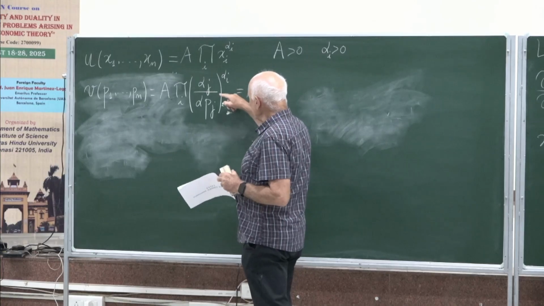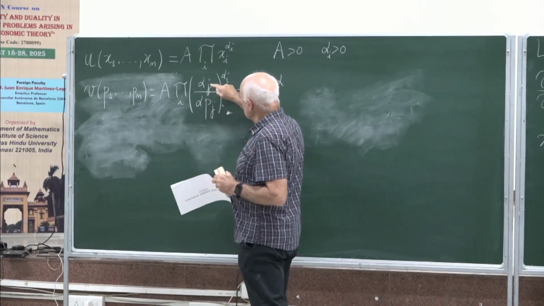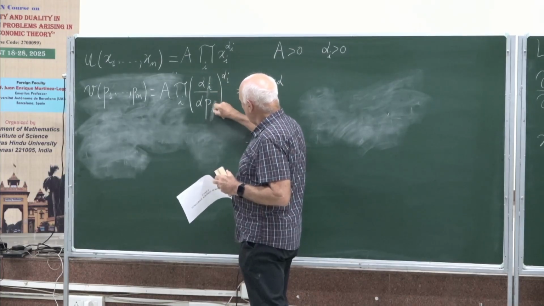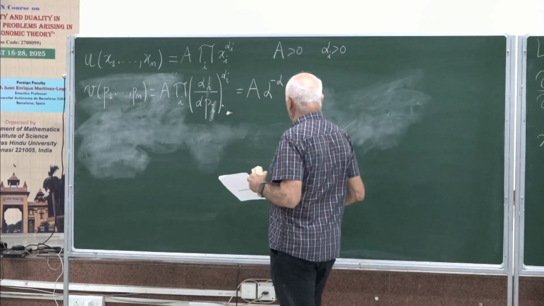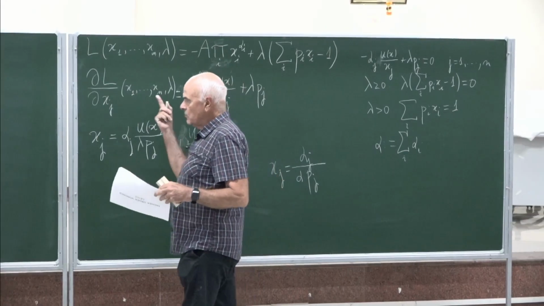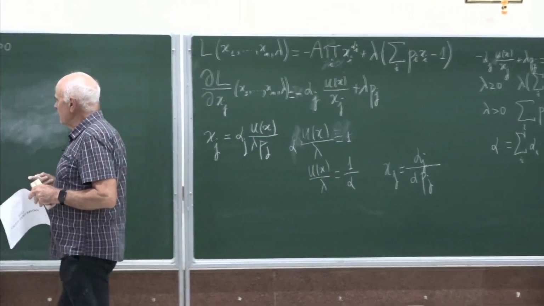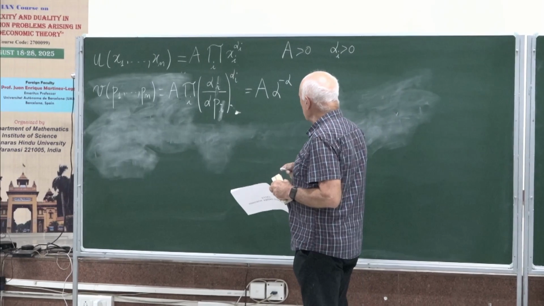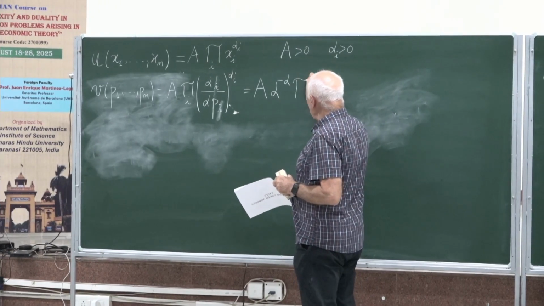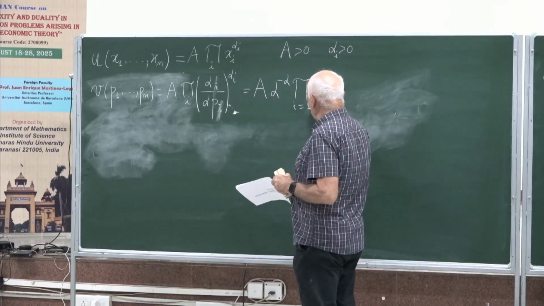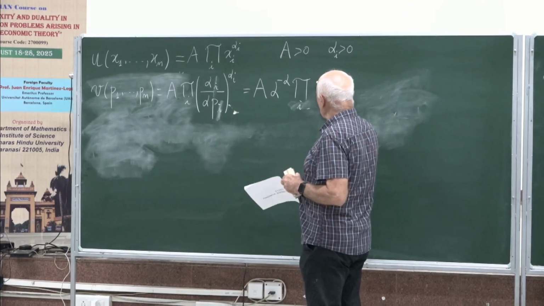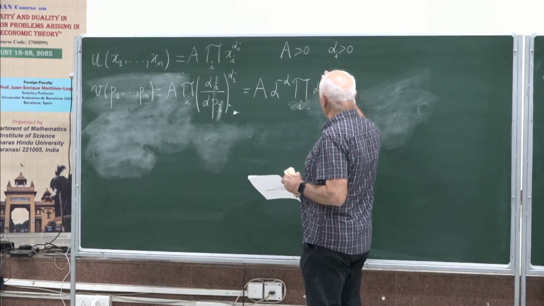Then I also have, well, the subindex is wrong, because here I have xi and I use the expression for xj, but I forgot to change the subindex. Now it is correct. And so I also get the product over i of alpha i to the power alpha i.